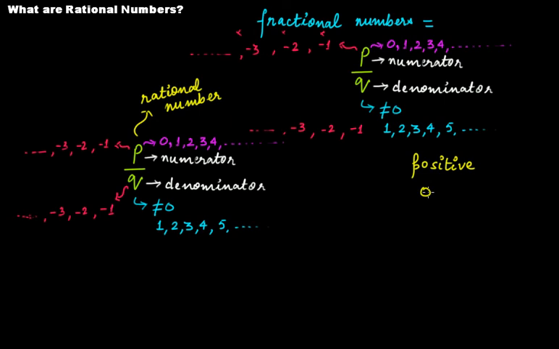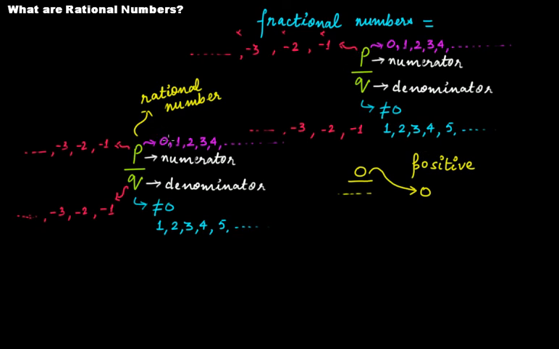And if you're wondering how it can become 0, if the numerator, that is p, is 0, it doesn't matter what number you divide 0 with, whether this is 1 or 2, 100, 1000 or anything, the result will be 0 only. So a fractional number can either be 0 or positive.